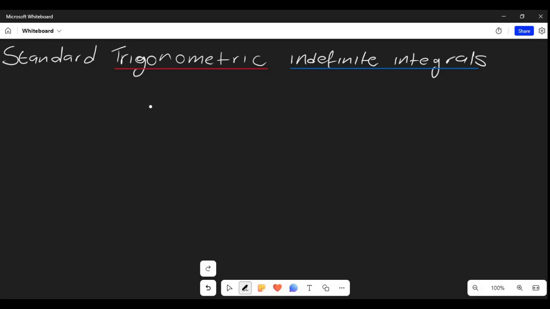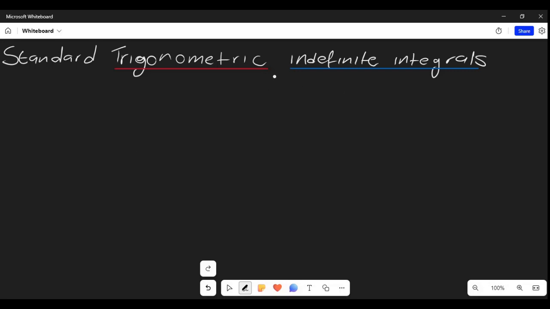Alright guys, so let's talk about the standard trigonometric integrals. What you should know is that you need to know the derivatives of the trigonometric ratios. If you don't know the derivatives of trigonometric ratios, it's going to be challenging for you to know the integrals of those trigonometric ratios.